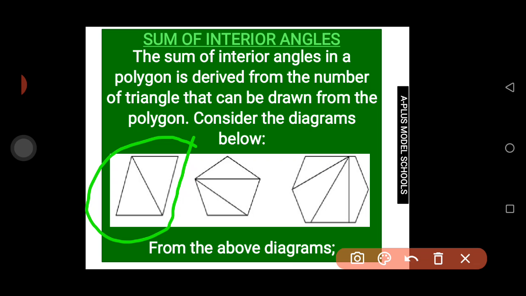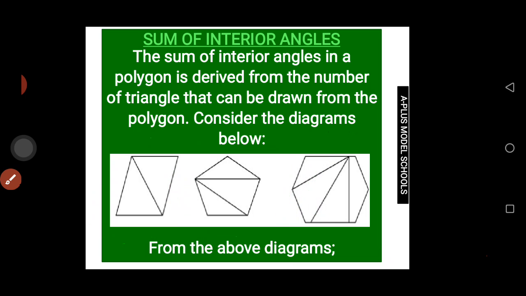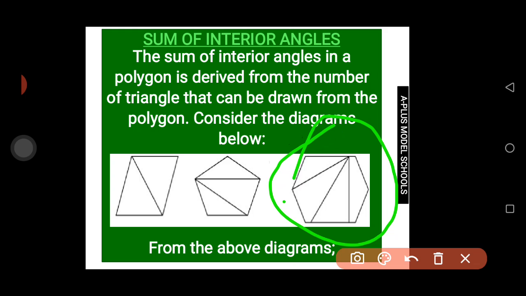Looking at the next one, we have a pentagon, which is a shape enclosed by 5 sides, and the number of triangles derived from it is 3. The third one we examine here is the hexagon, a plane shape enclosed by 6 lines, and it has 4 triangles.